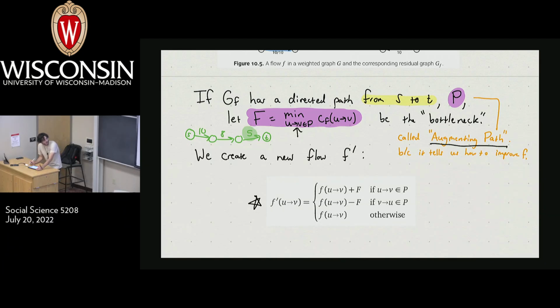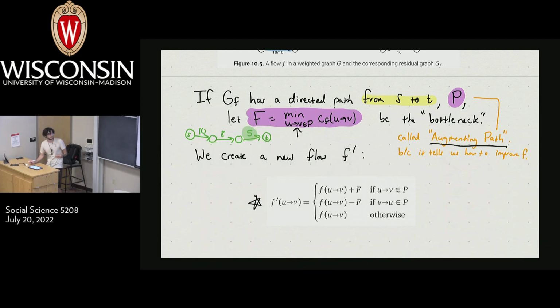So this flow F prime is just going to be the original flow F plus the bottleneck value if the edge U to V was in the path. Otherwise, it's minus F if the reverse edge was in the path. And it's the original flow value otherwise.